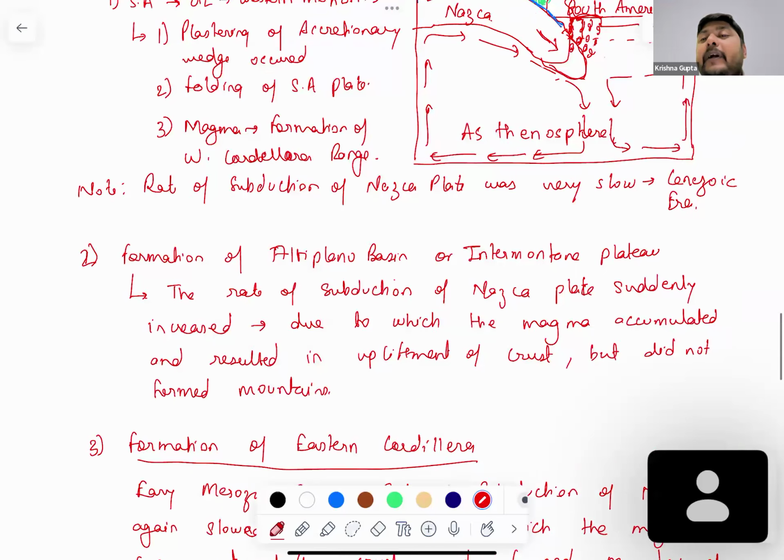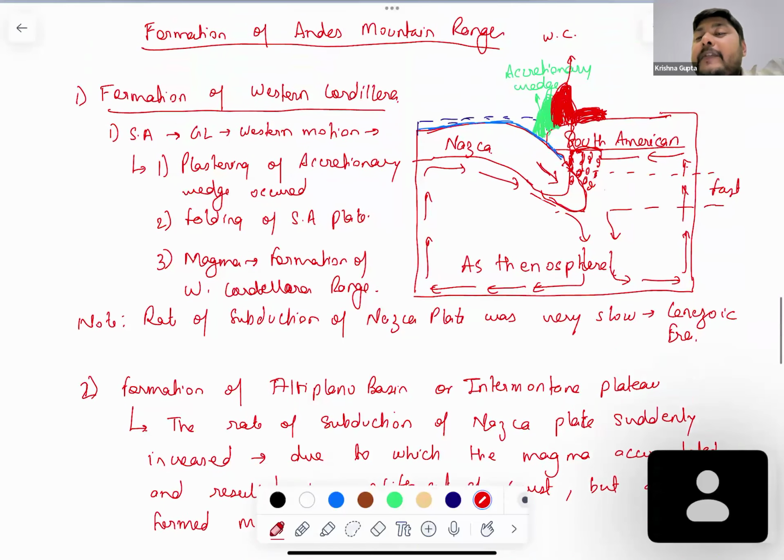Now, looking at the same part in the diagram, here the rate of subduction again became slow. So in this part, whatever magma came out, the magma accumulation was again very high. Okay, so here we'll be seeing that there was again formation of a mountain range.